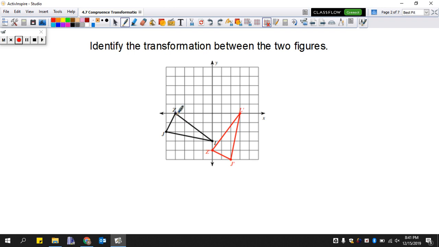So we suspect that it's a rotation, and the easy way of checking that is to roughly draw or trace that, take it out like that.